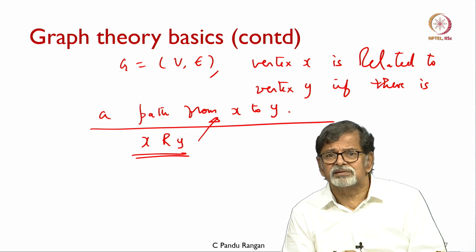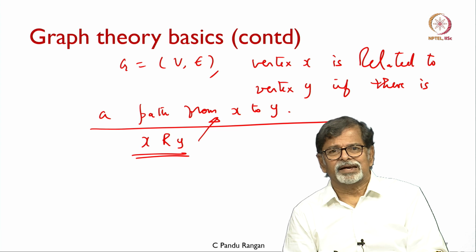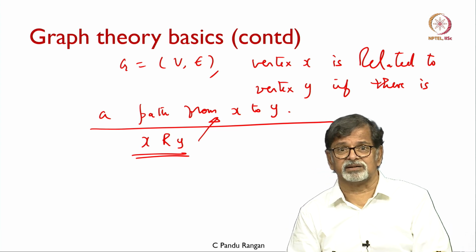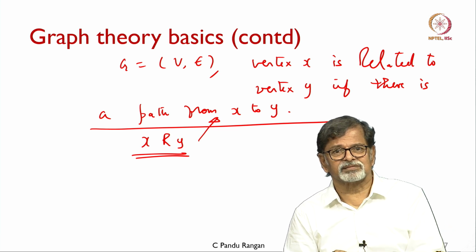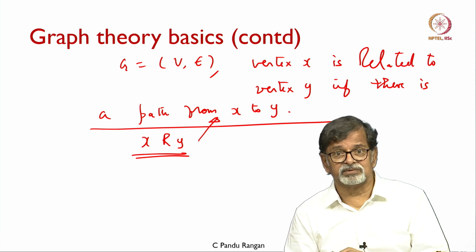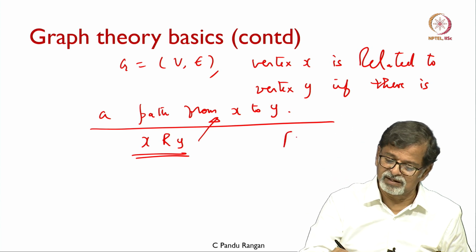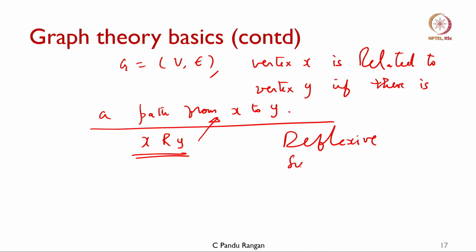In discrete math, you might have already known that a relation is an equivalence relation if it has 3 properties: reflexive, symmetric and transitive.